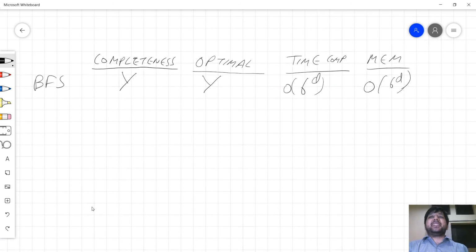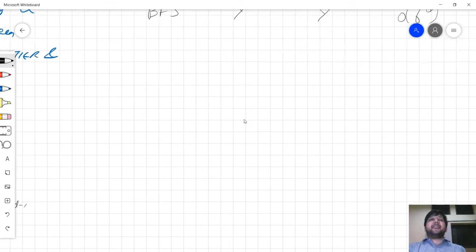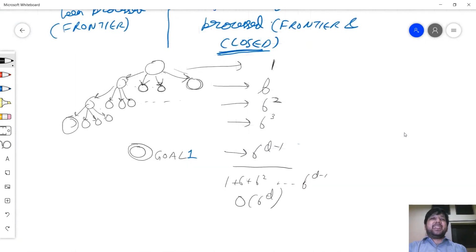So the memory complexity is B to the power D, which is also the time complexity.